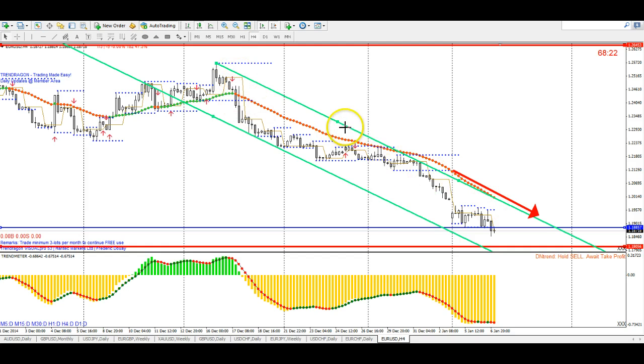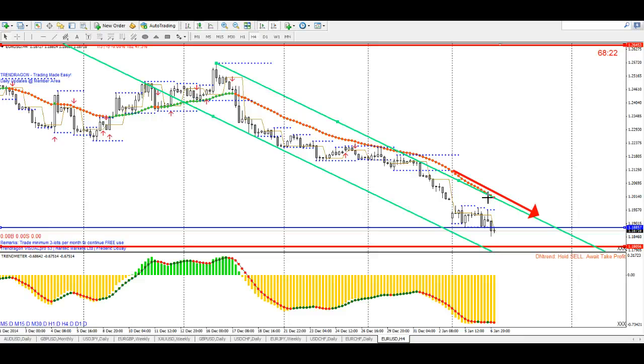The downtrend channel as well as the Trend Dragon trend line, meaning that the market may actually retrace to that level, but if it does retrace to that level, you should meet a lot of resistance.